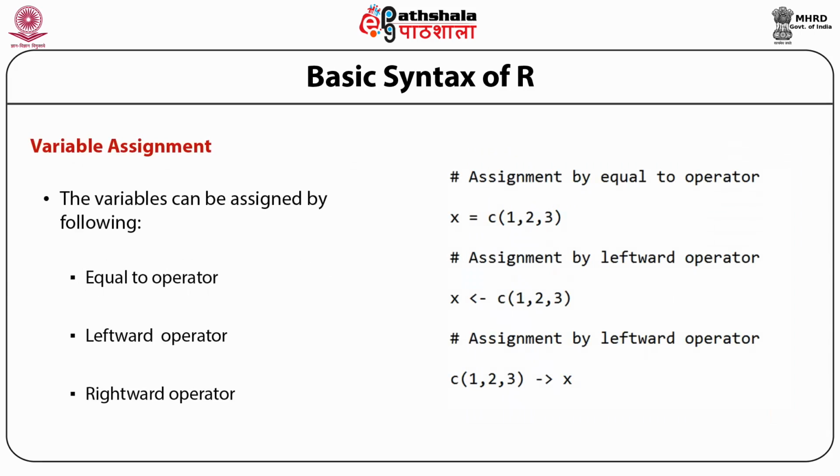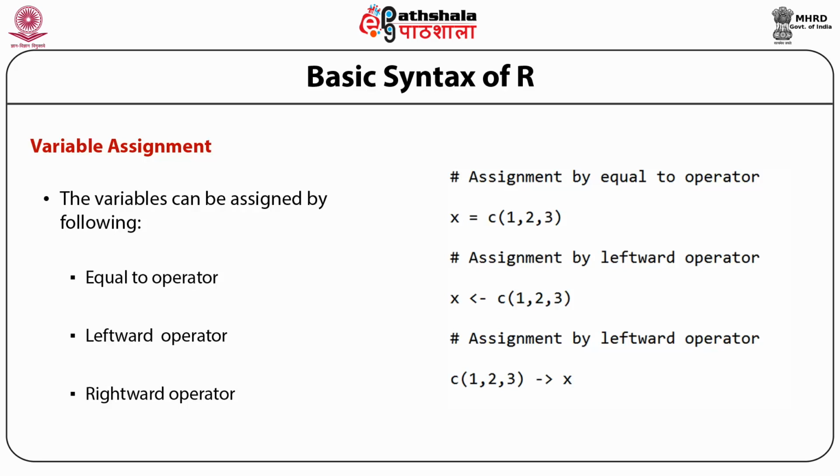Now we'll see how we can write the basic syntax of R. Like other programming languages, R also uses various assignment operators. To assign a value to any object, we can use 3 different operators. First is the equal operator. To assign any value to any object, we can use the equal to sign.